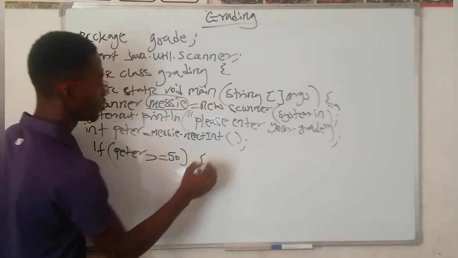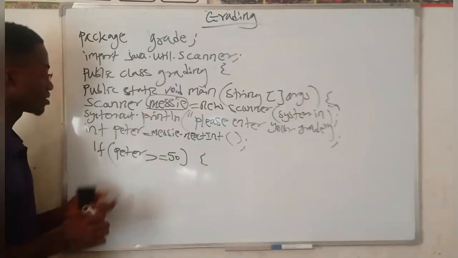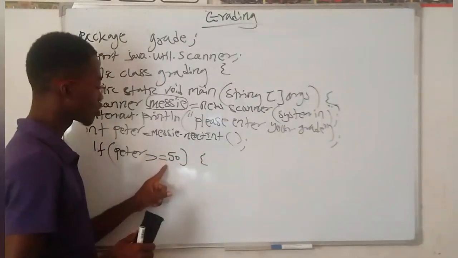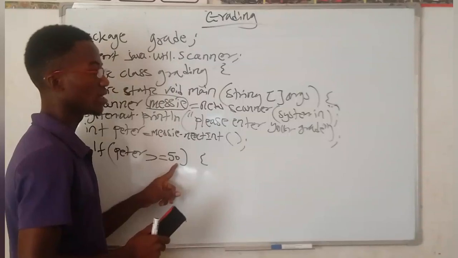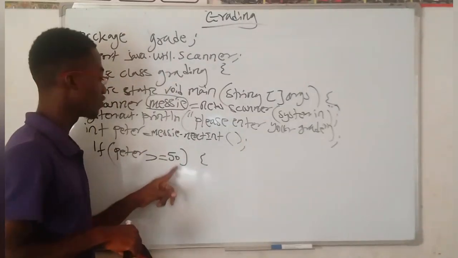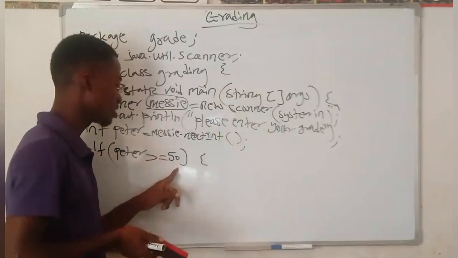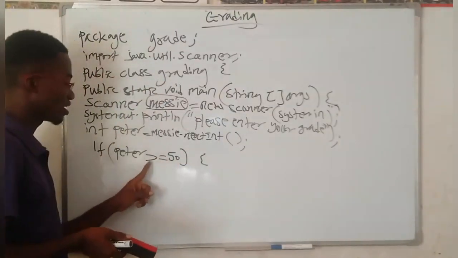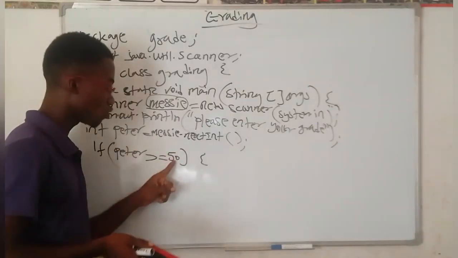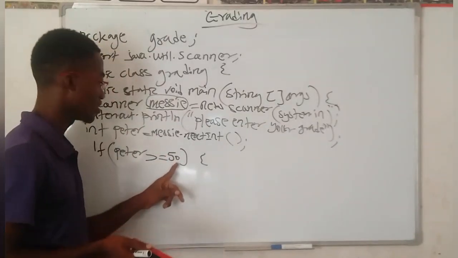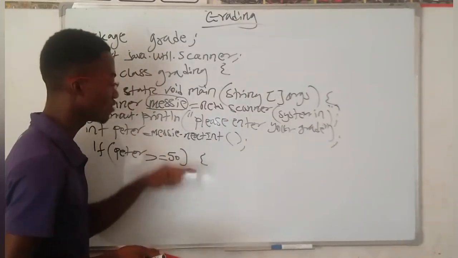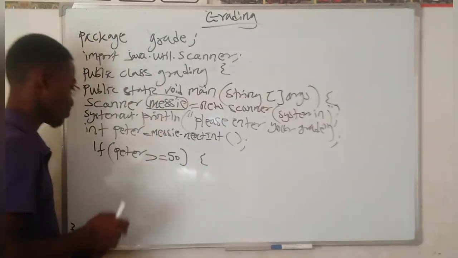The reason I'm saying greater than or equal to 50 is that we're taking the passing grade from 50 and above in this case. That is from 50% and above up to 100%, you pass. If it is exactly 50%, you pass. Greater than 50%, 51, 52 onwards, then you pass.